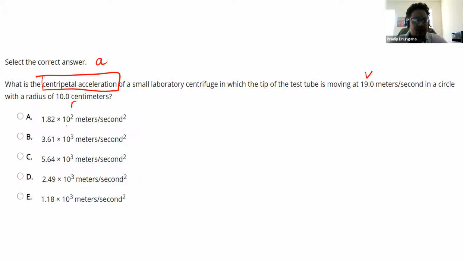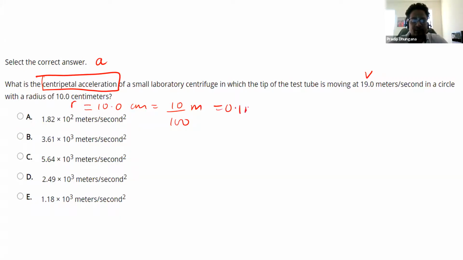If you look at all of the choices provided here, you can see meters per second squared. So we have to convert that centimeter into meter. 10 centimeters is equal to 10 divided by 100 meter. To convert centimeter into meter, we have to divide by 100.